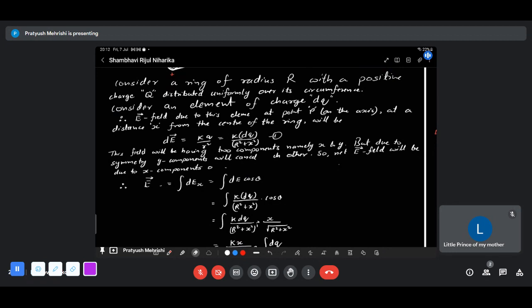Similarly, an opposite charge dq we can imagine on the opposite side of that dq charge. That will again cancel the vertical component, and we will have only the horizontal component left. That horizontal component will be dE cos theta. Now put the value of dE and cos theta.